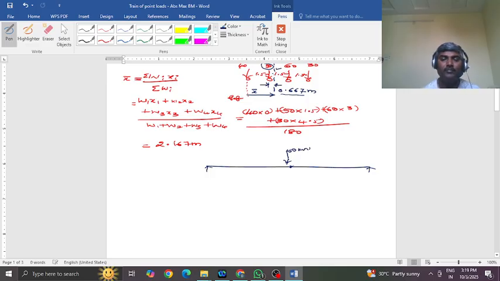The 50 shall be to the left of the section, and the distance between the center of this beam and this load is half of 0.667 distance, 0.3335 meters, and keep the rest of the loads according to their distance between the loads.